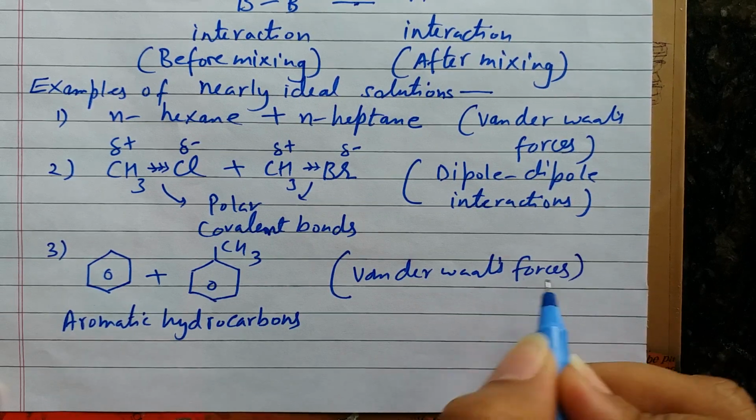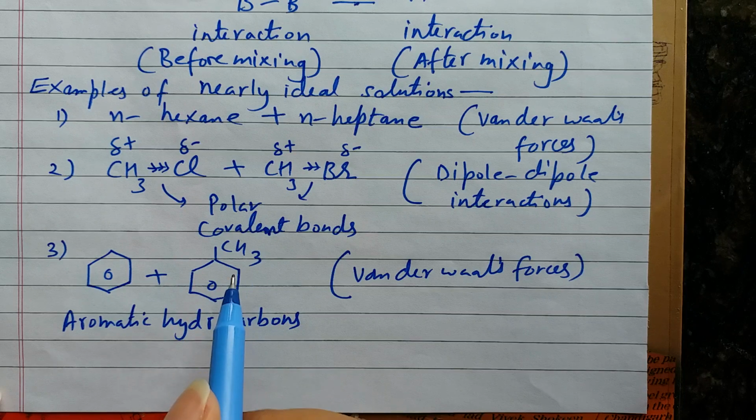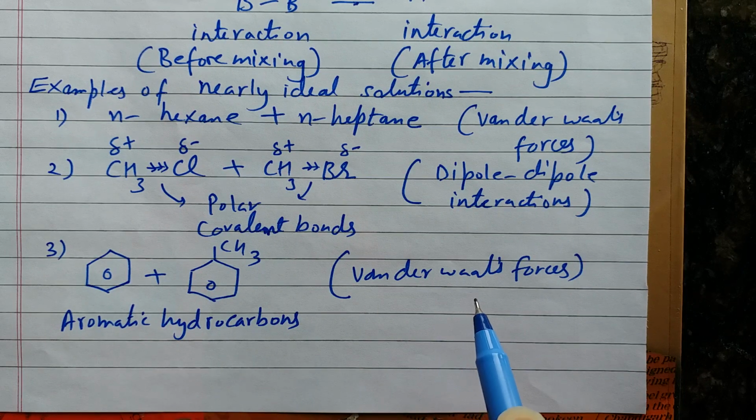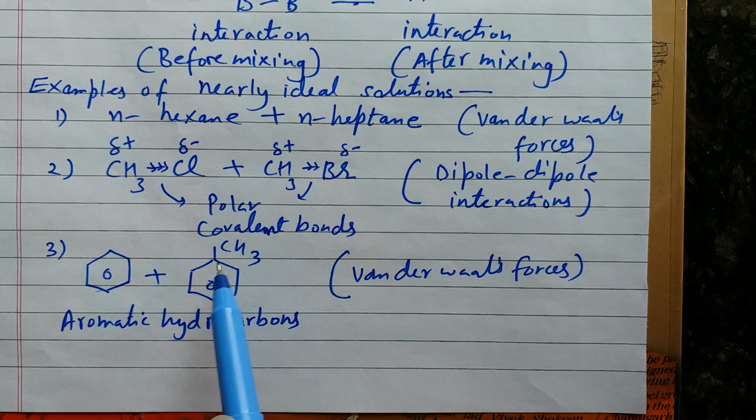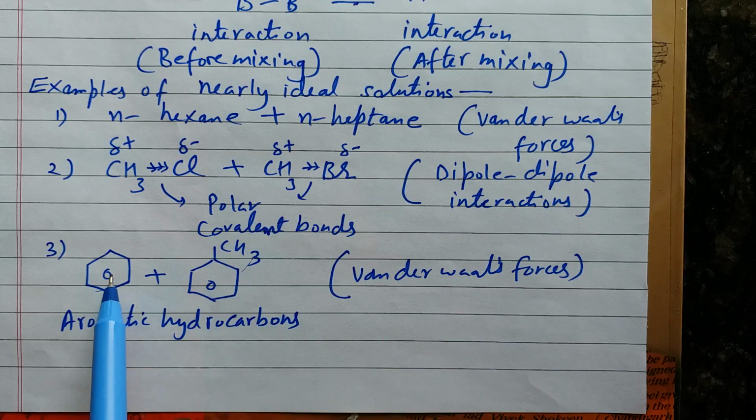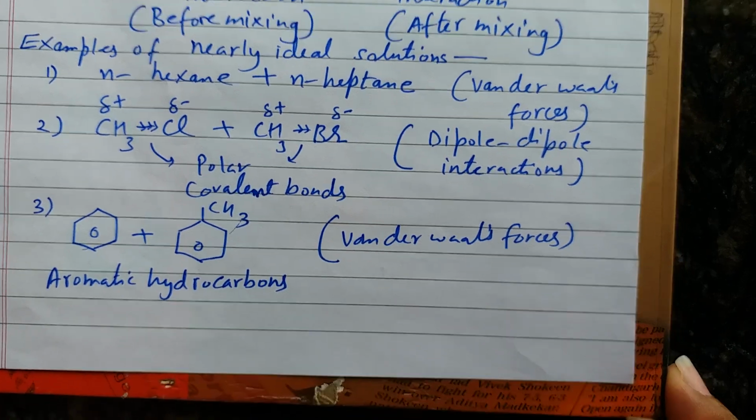When there is no charge separation in the molecule, then the type of interactions possible are the van der Waals forces. So benzene with benzene interacts with van der Waals forces. The toluene molecule with another toluene molecule also interacts with van der Waals forces. And when you mix them together, the interactions will remain van der Waals. So again the forces are remaining the same before and after mixing. That is the reason why even this behaves as an ideal solution.